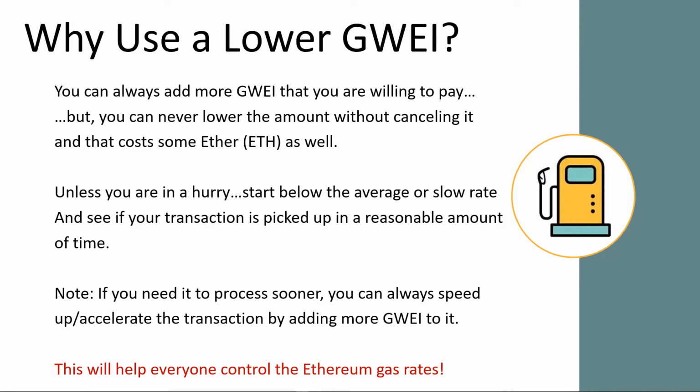You don't. You have the ability to set it. You have no idea whether the going rate is going to go up or down, because that depends on how many other transactions enter the network at the same time. But by setting it lower, again, you have the ability to speed it up later.